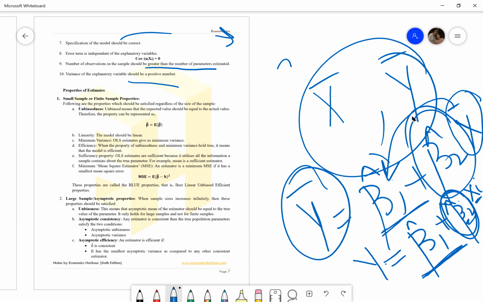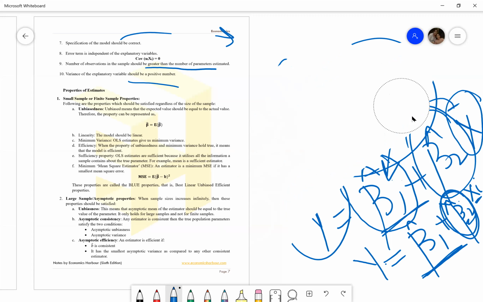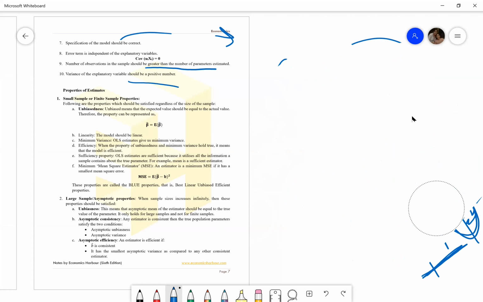We are always taking our autonomous term first. That's why whenever we are doing our model, we always take the autonomous term first. We don't do this. No, ma'am, I thought you were taking it in this manner. These are just certain unsaid rules we have, that you need to first incorporate the autonomous value in your model and then go on to your dependent or independent variables. Okay, ma'am. Now I got it.